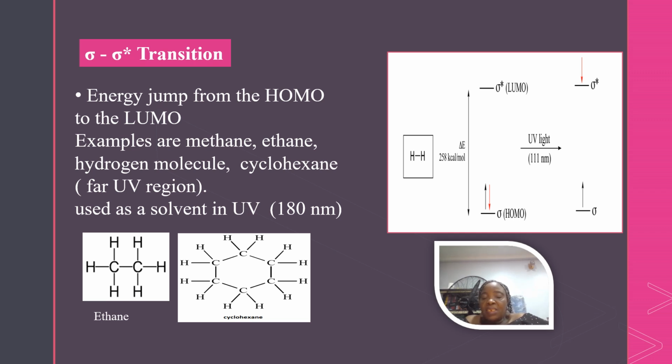In ethane and cyclohexane, we have the structure here, and we can see the carbon-carbon sigma bond. We can also see the carbon-hydrogen sigma bond. So in a compound like this, sigma to sigma star transition can occur.